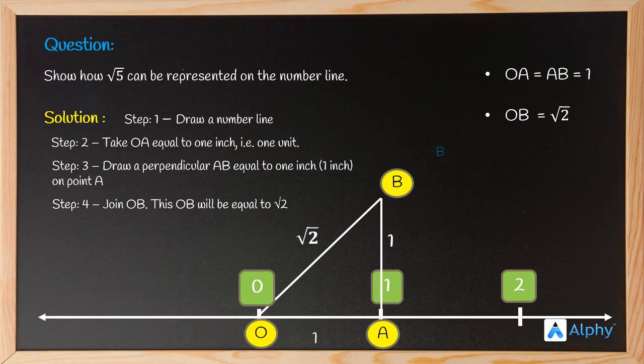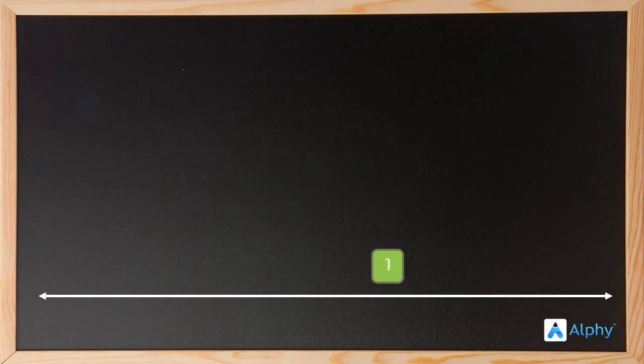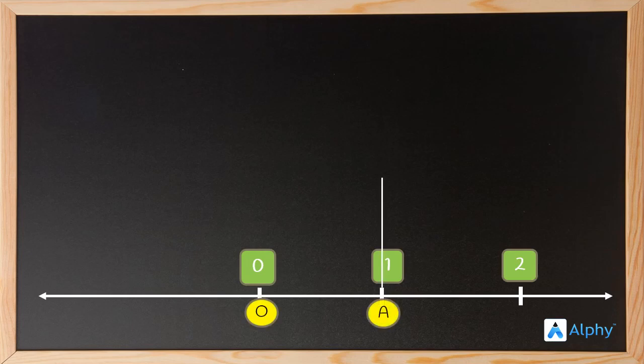Moving ahead. So till now we have drawn a number line, and we've drawn OA and a perpendicular AB at point A, equal to 1 unit. Then we obtained the length root 2.